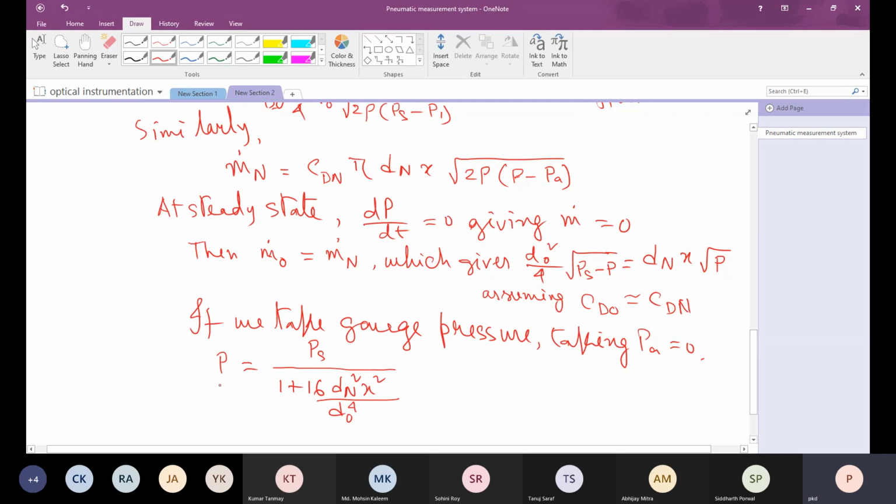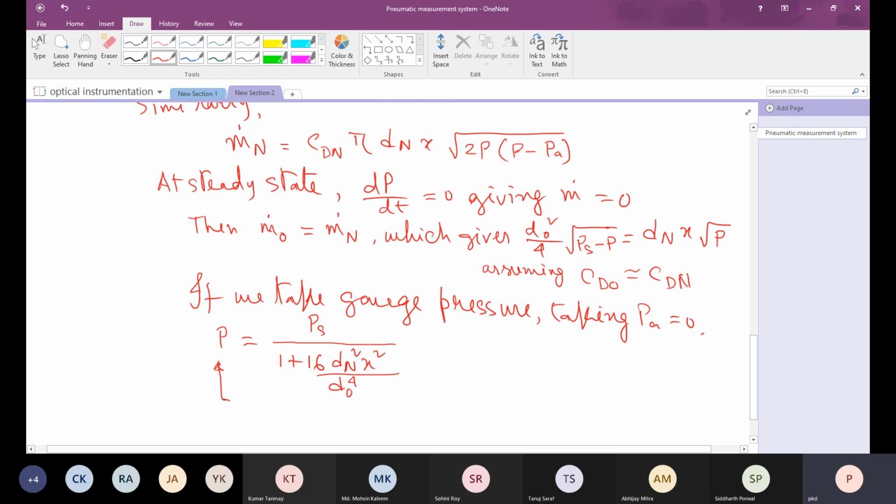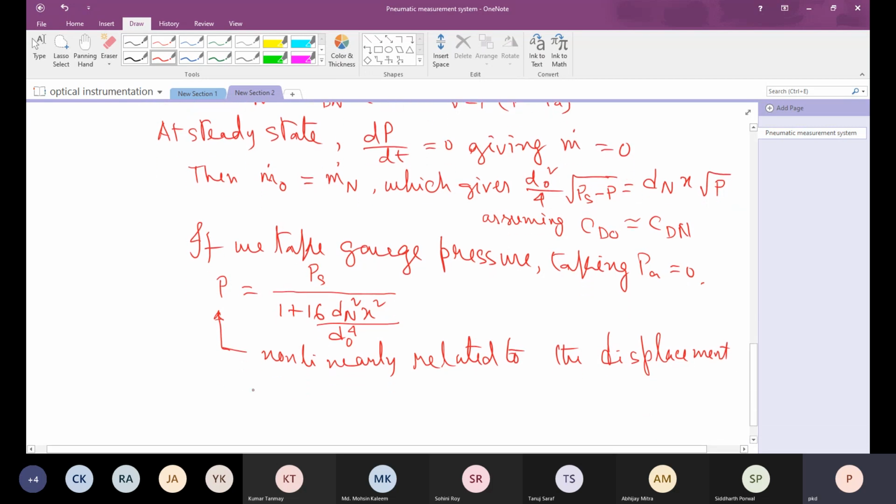So that way we can see that P is now nonlinearly related to the displacement x.